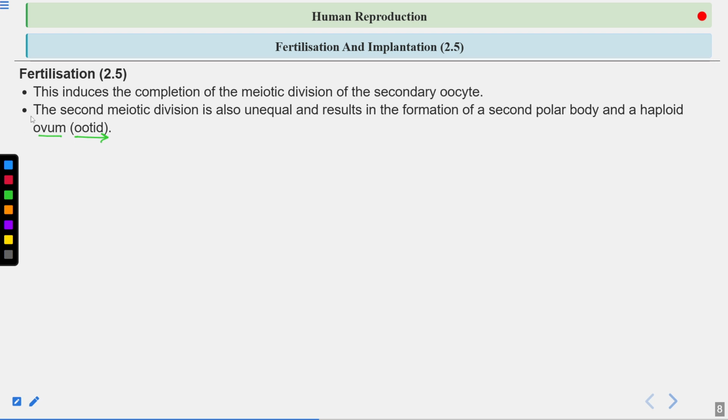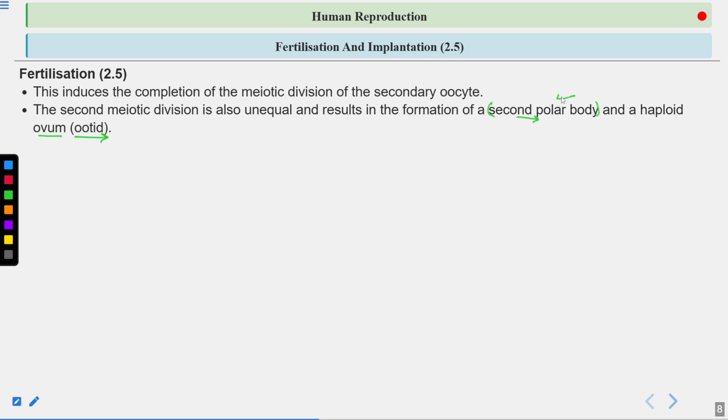And this division is also unequal. Unequal means a large ovum is formed and a tiny second polar body is formed. So the bulk of the cytoplasm of secondary oocyte remains with the ovum and only a small amount of cytoplasm remains with the second polar body.